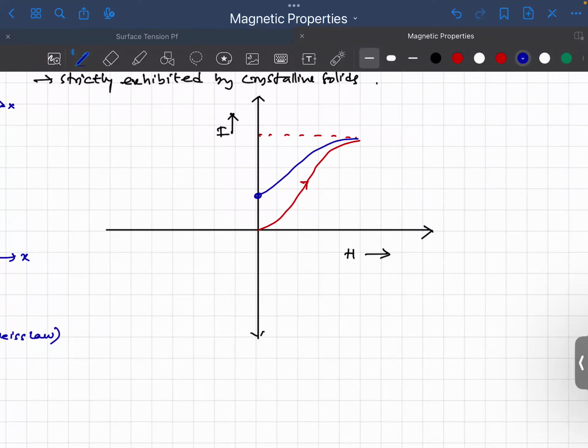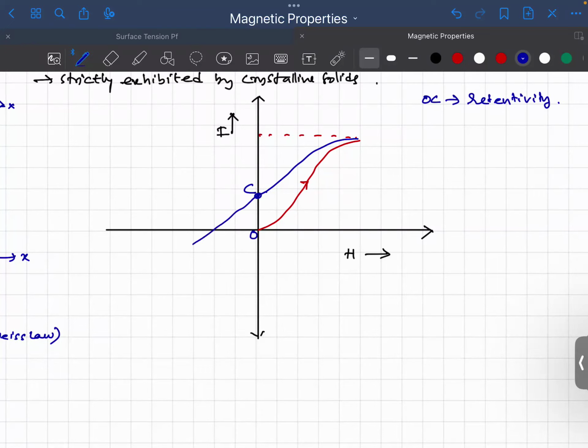Now it will intercept here. You know what is the meaning of this interception? Here OC represents retentivity, which means certain magnetization is left permanently with the material. Okay. Now I want to remove even that. So what to do? Tell me. To remove that, you apply a field in the opposite direction.